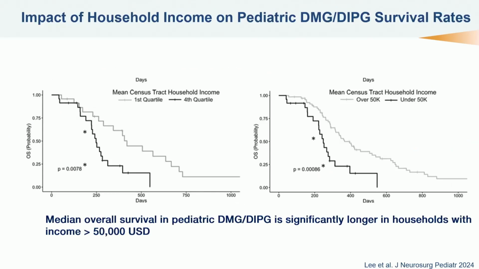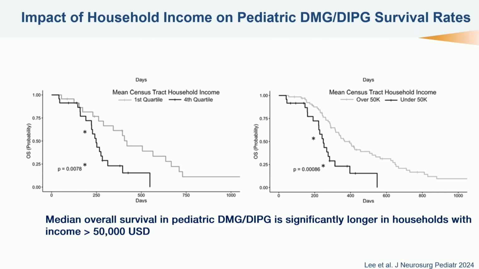But if you look at how household income impacted pediatric DMG and DIPG survival rates, this is pretty striking, showing a significant difference in survival if you have a household earning less or more than $50,000 US. If this were a therapy we were developing, we would be very excited. So that's another way where we really need to tackle improved outcomes.